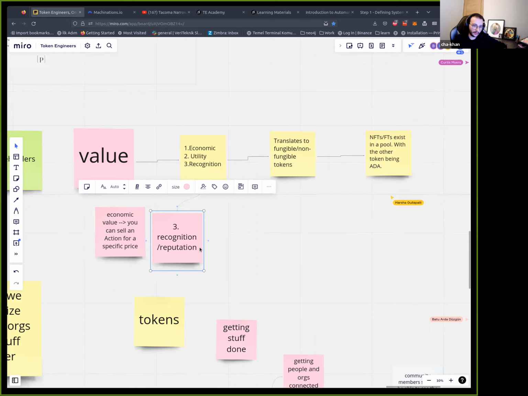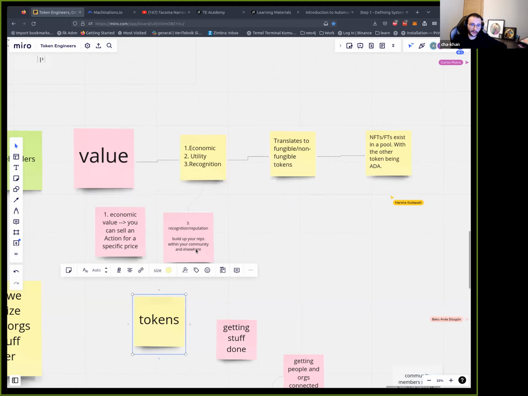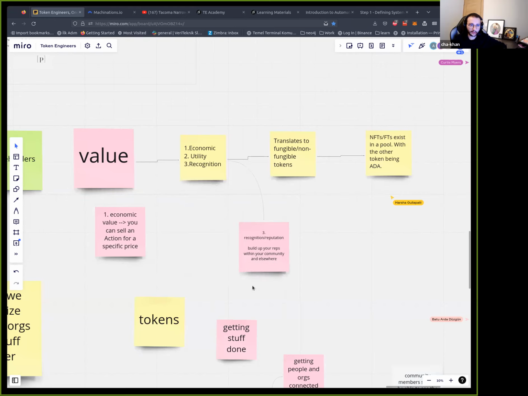So you can build up your reps within your community and elsewhere. You can take all your actions and say, look at all this stuff that I did. And that's going to carry weight in some circles in life.